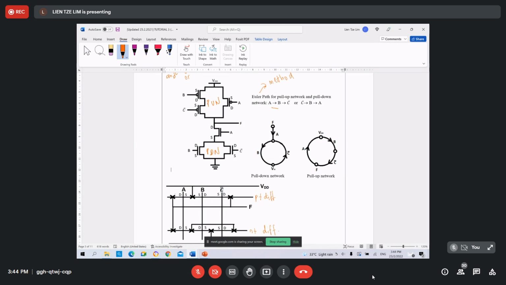If I put the connections here, then connecting the source terminals to the VDD will be difficult. It will be incorrect, because if you put this as a source terminal and this as a drain terminal, then the connection is not correct anymore.